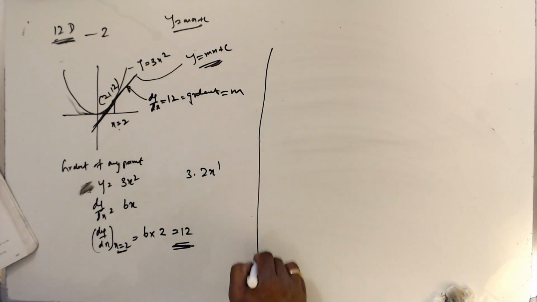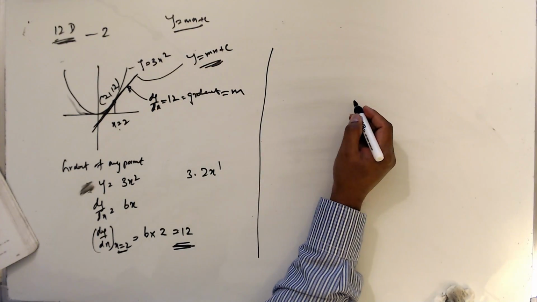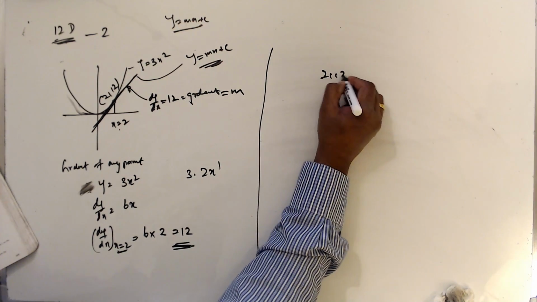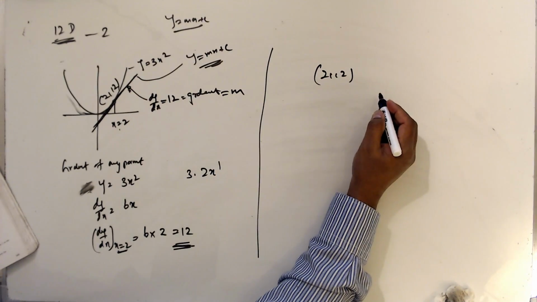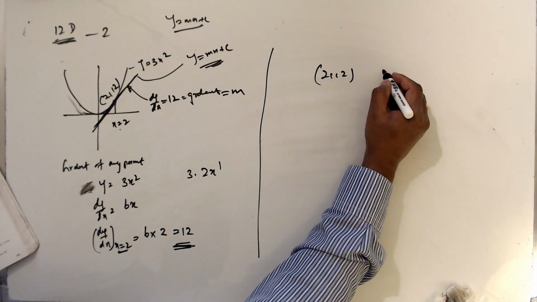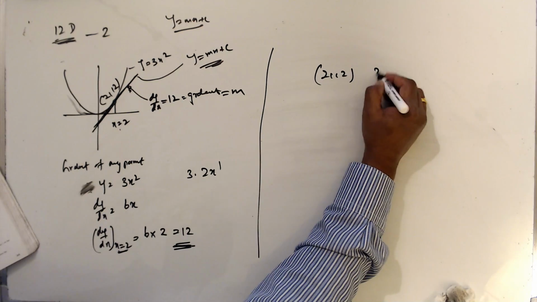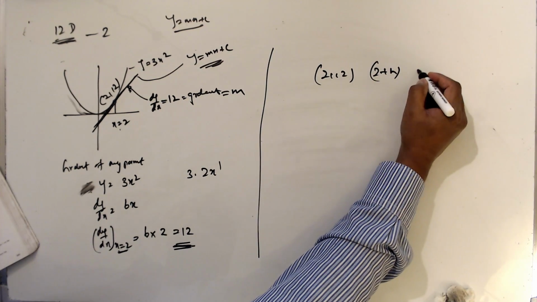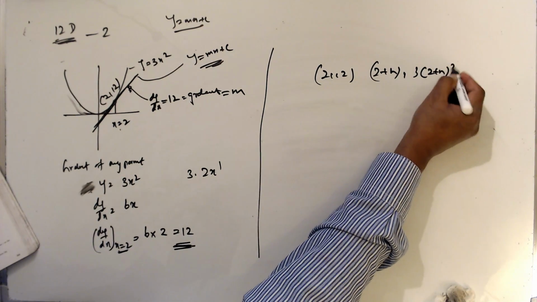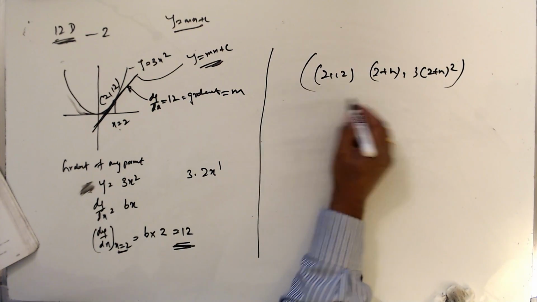Actually, you can remember that we work with this kind of thing using the first principle. (2, 12) is one point. The other point is at 2 plus h. We will take a point here, 2 plus h, and then 3 times (2 plus h) squared.